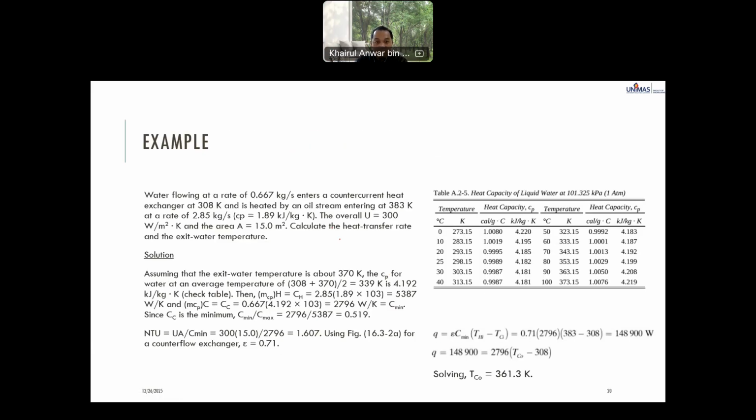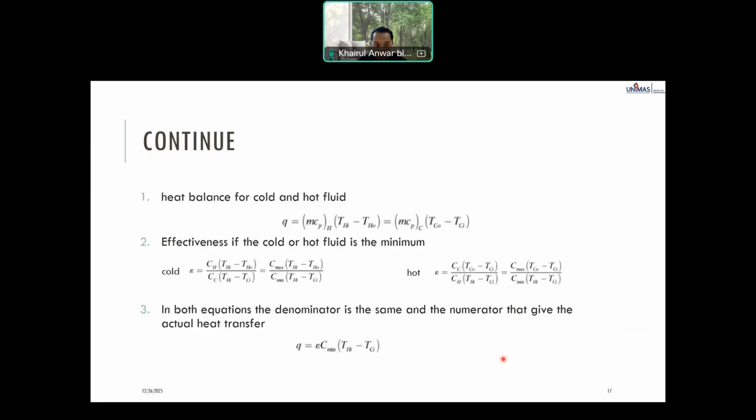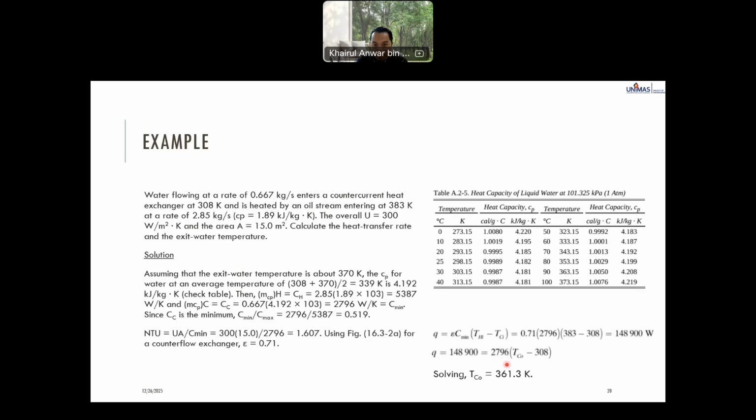So Q equals epsilon C min (THi minus TCi). We get this value for the heat transfer rate. Then Q equals 148, equal to 2796. This is for the mean. PCO minus 308.